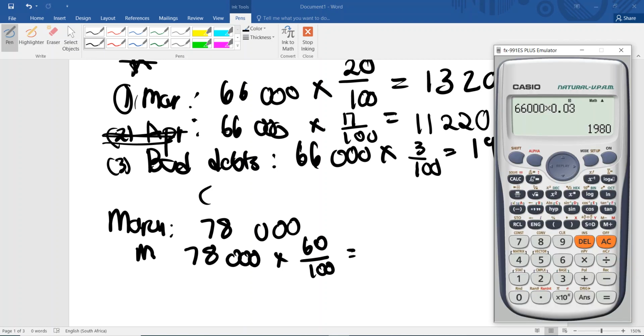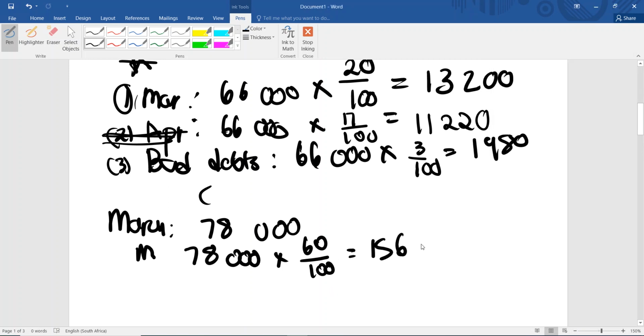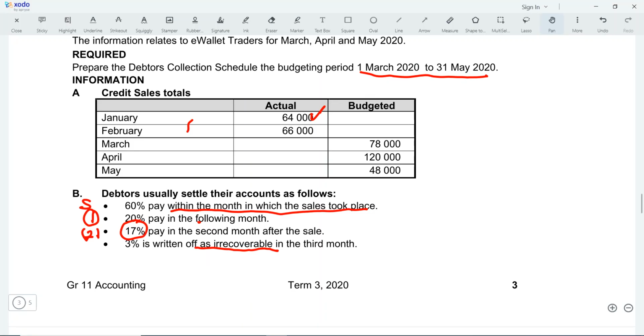But here they didn't tell us anything about the discount. So 78,000 multiplied by 0.20 is giving us 15,600. Remember, this is the same month, and the first month will be April. In April they said we're only going to collect 17%.